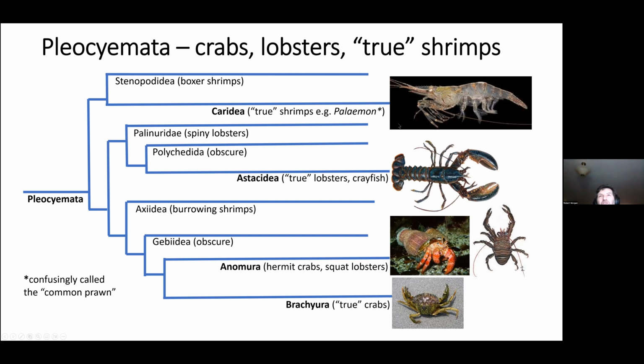So you can see that all these groups in the crustaceans evolved an awful long time ago, but all apparently diverged fairly rapidly within the space of 50 to 100 million years.